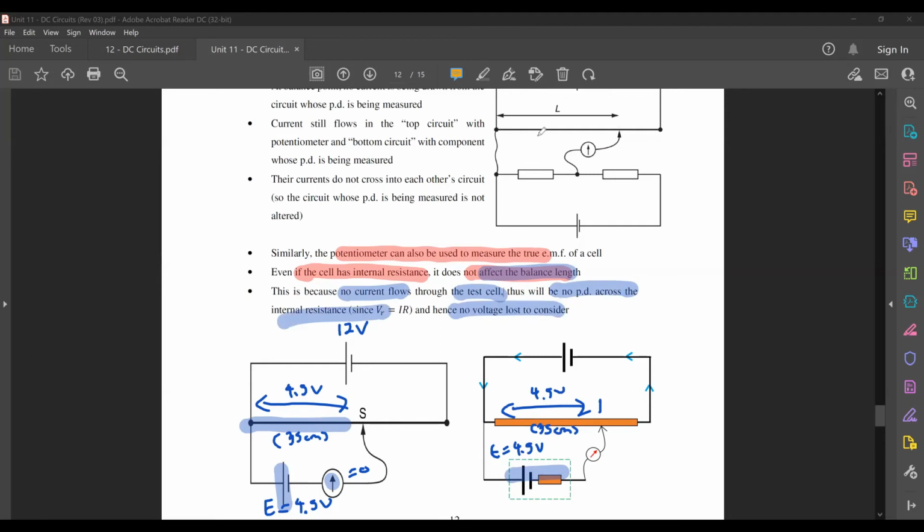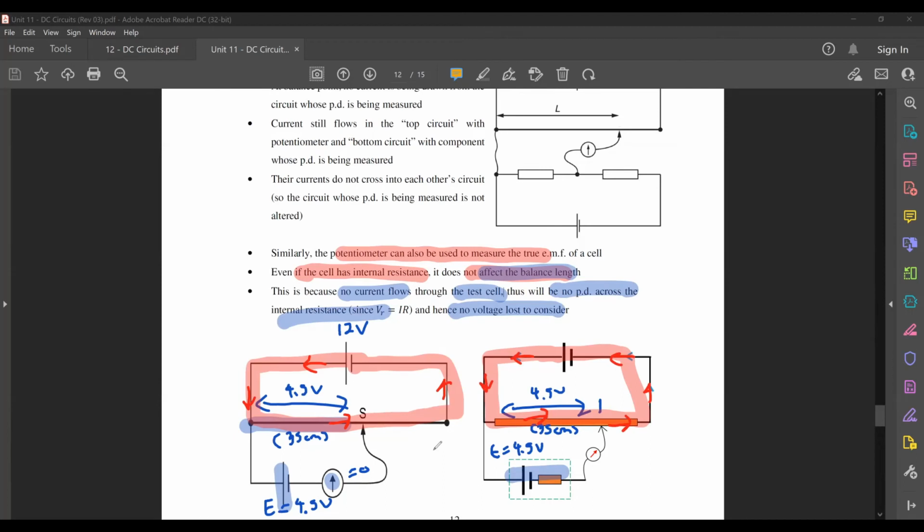Right? Because if you look at the current flow here, there is only current flow at the top part of the circuit. Current will flow like this only. There's no current flow at the bottom part of the circuit.